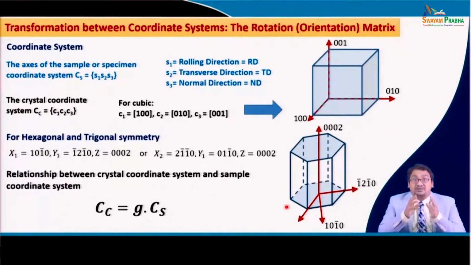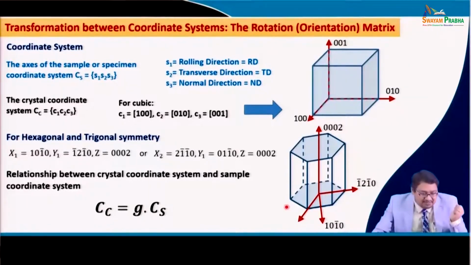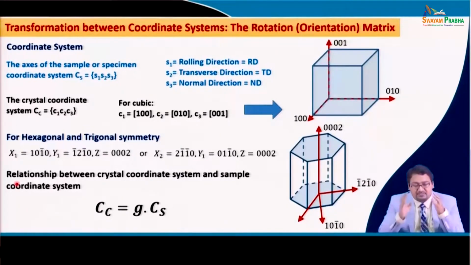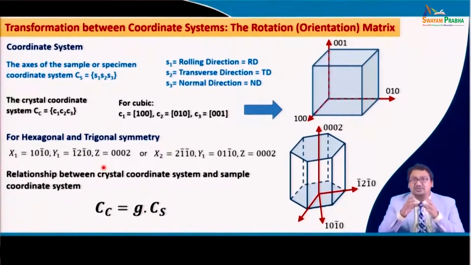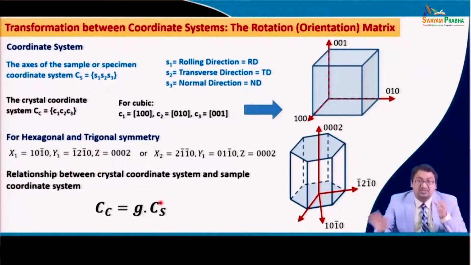Otherwise, the results coming from different sources, different researchers or different scientists will not match and may create confusion, right. As I said, the relationship of the sample coordinate system and the crystal coordinate system is given by the value G, which is the orientation matrix, and we usually use that C C is equal to orientation matrix G in terms of C S, which is the sample coordinate system.